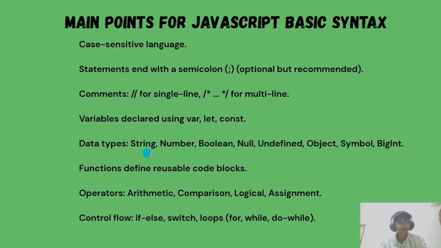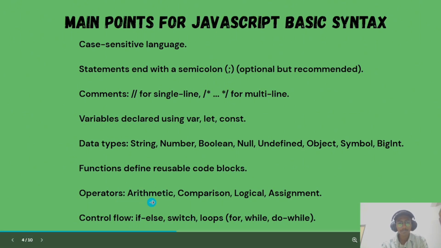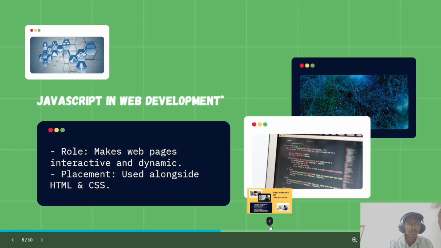Data types: string, number, boolean, null, undefined, object, symbol, BigInt. Functions define reusable code blocks. Operators: arithmetic, comparison, logical, assignment. Control flow: if else, switch, loops like for loop, while loop, do while loop, like that.